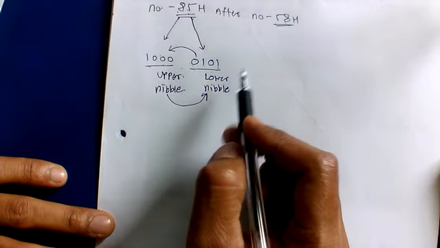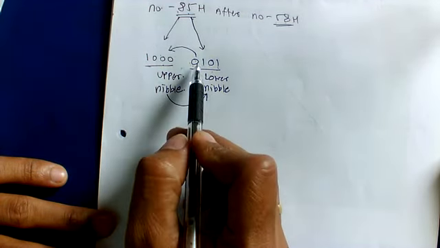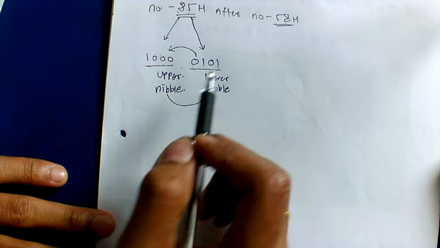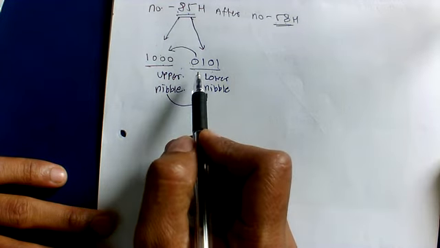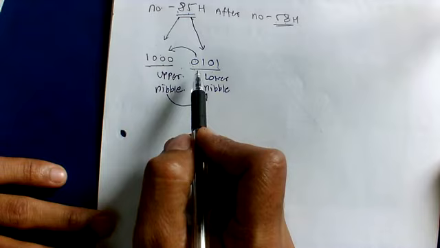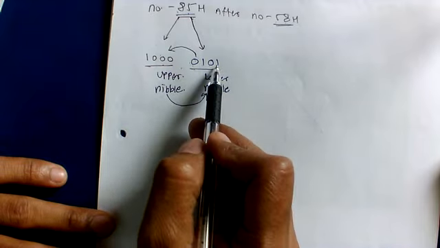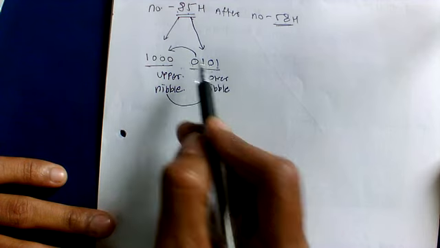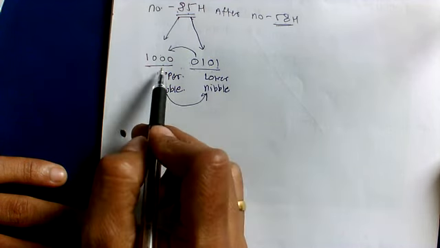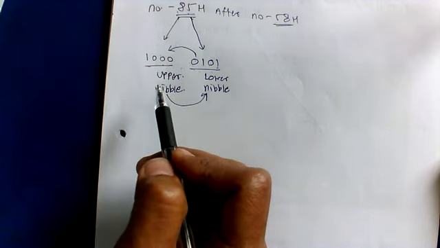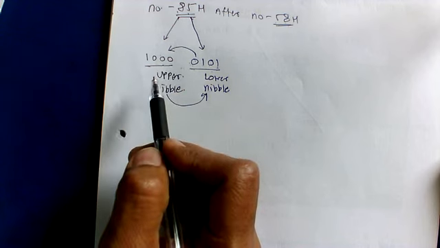Okay, that's why it is required to execute the rotate instruction or shift instruction 4 times, because in a single nibble 4 bits are there, 1 2 3 4. Okay, and also in the upper nibble 4 bits are there.